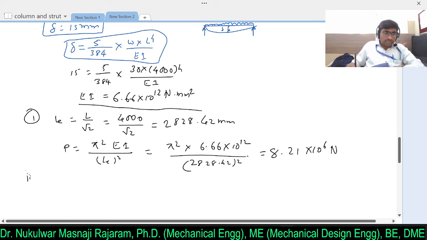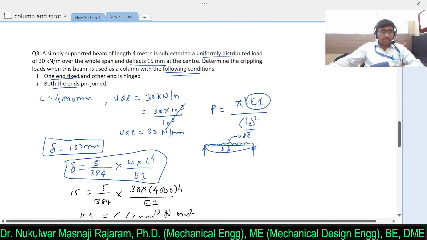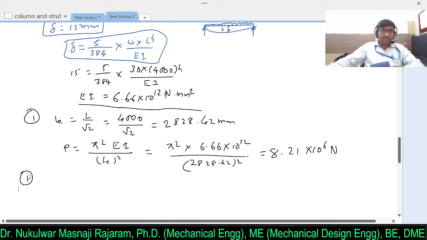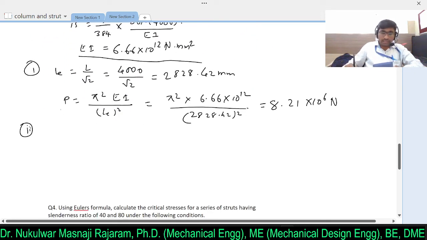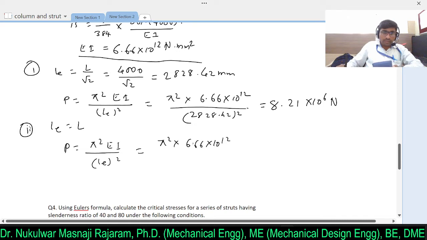So the second condition is, what is given? Both ends are pin joint or hinge joint, then LE will be equal to L. So P is equal to pi square EI divided by LE square. So I will put all the values: 6.66 into 10 raised to 12 divided by 4000 square.